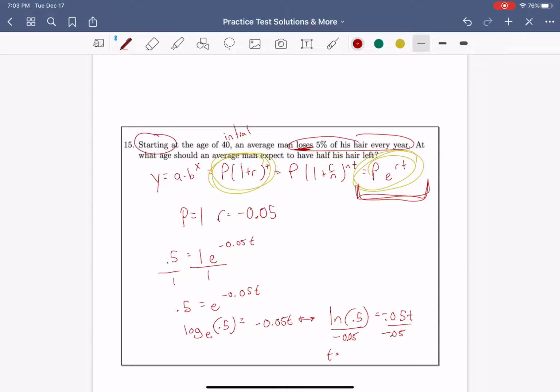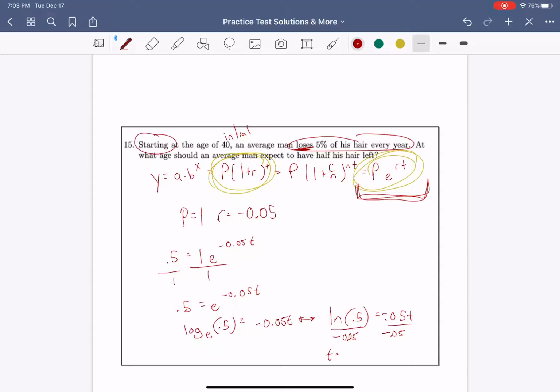So on your calculator, you should be typing that in. I don't have a calculator on my iPad, so I'm using Desmos on my laptop to help me out here.